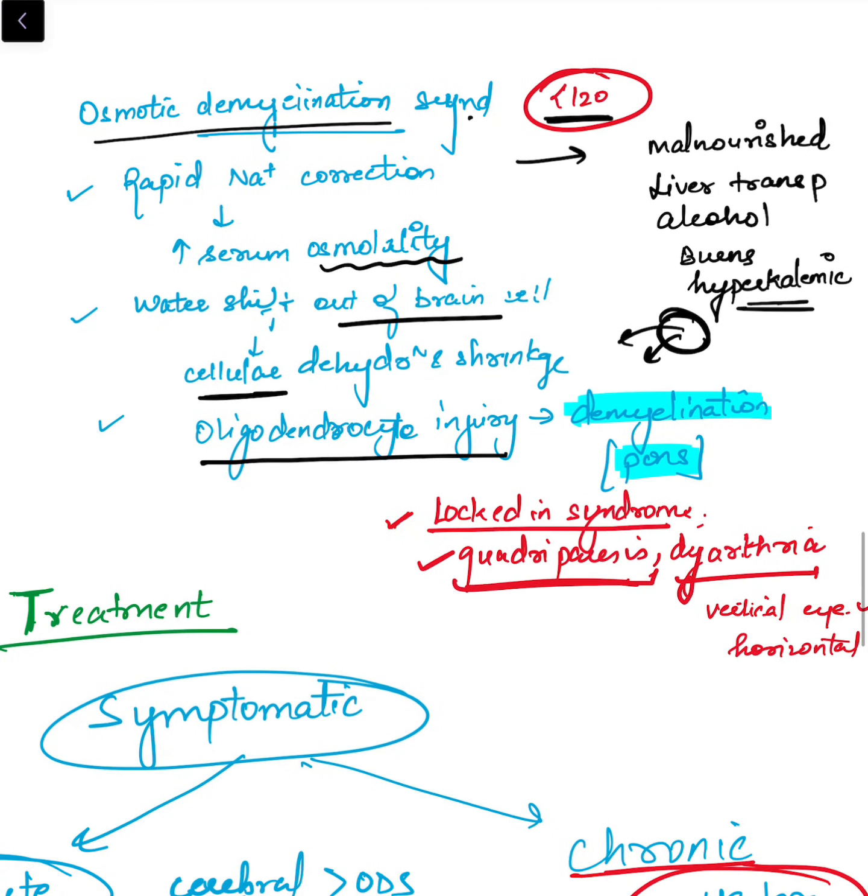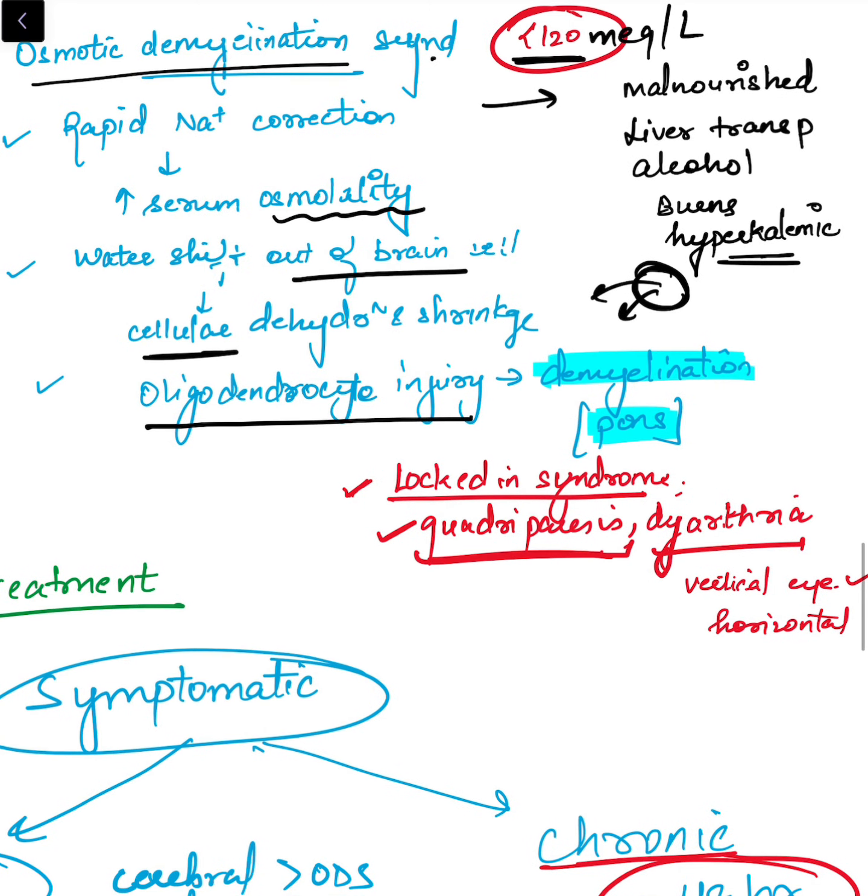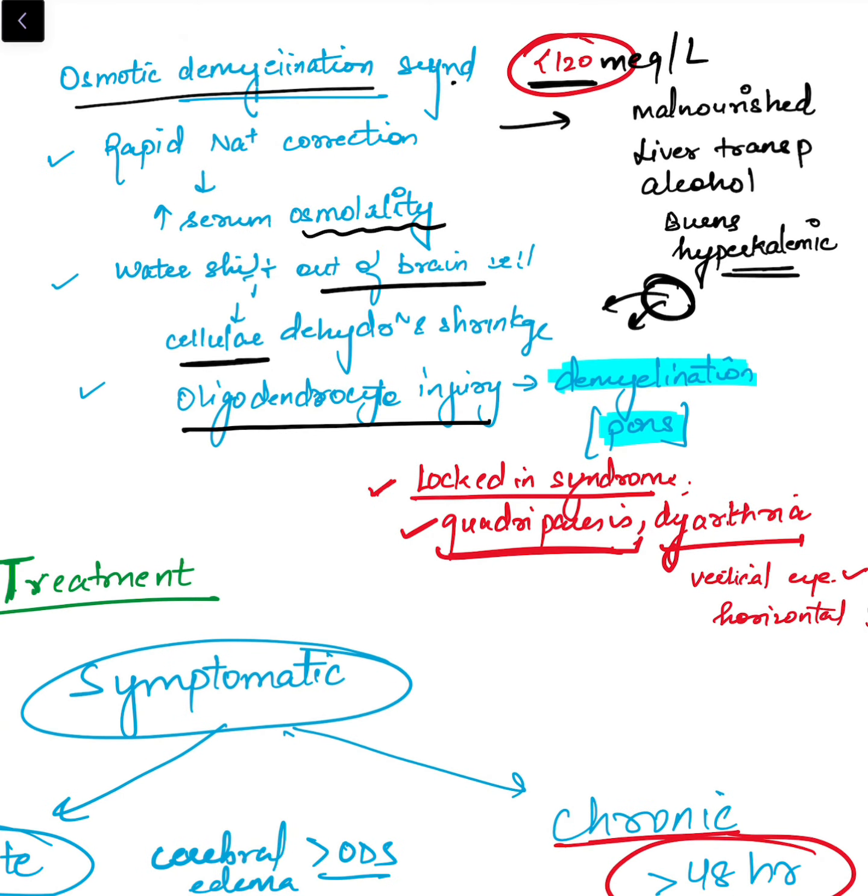Now there's one entity, osmotic demyelination syndrome. This usually occurs when sodium is less than 120 milliequivalent per liter. When a patient of hyponatremia is aggressively corrected, with rapid sodium correction, serum osmolality increases fast, and water will move out of the brain cell such that cellular dehydration and shrinkage will occur.